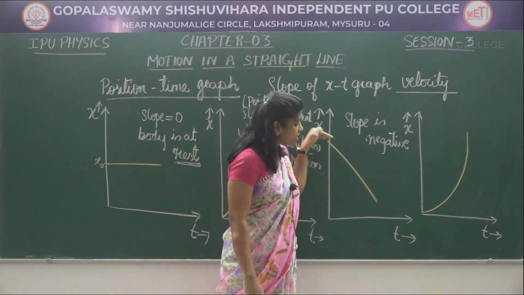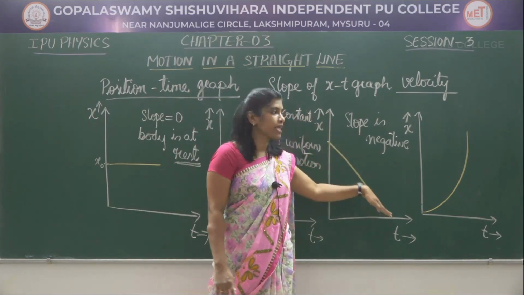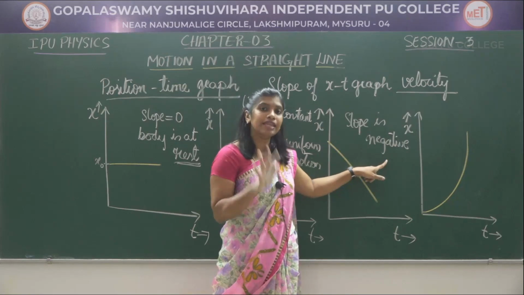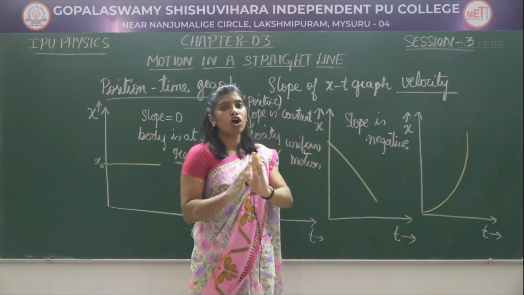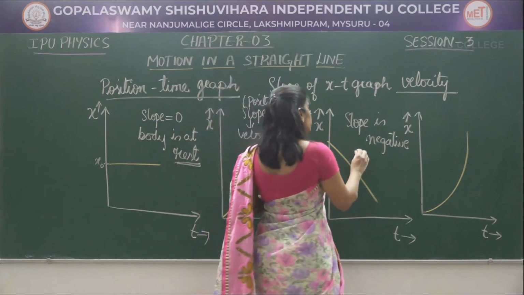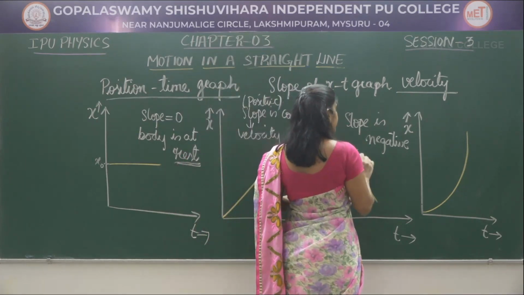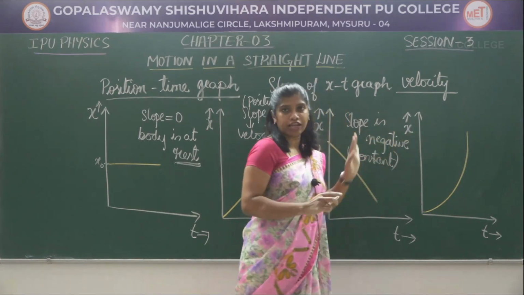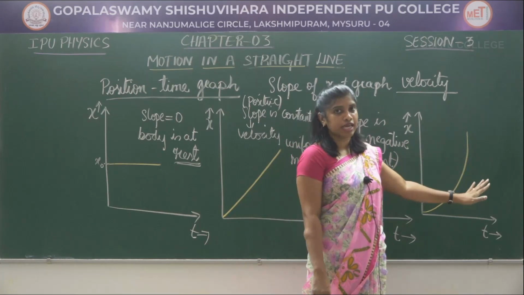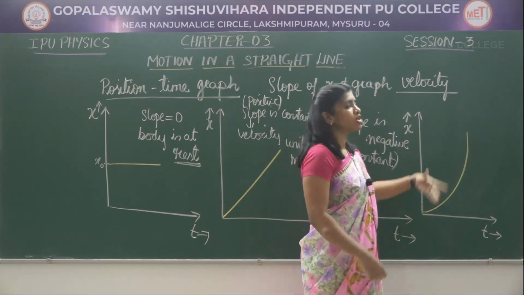But since here as x increases, y is decreasing, the slope should be taken as negative. And it is a straight line, therefore, there will be a constant slope. Therefore, the slope is constant and it is negative.